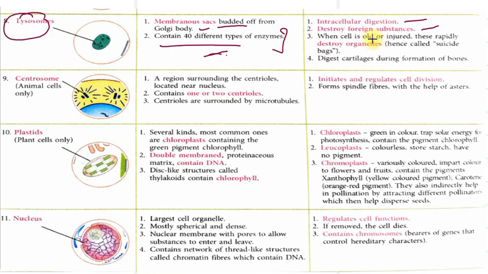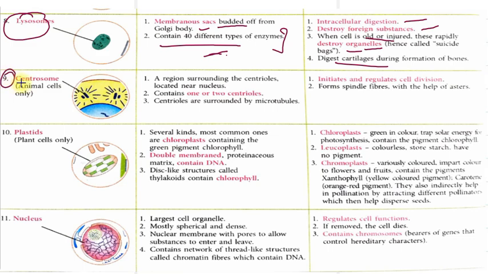When our cell is injured, these rapidly destroy organelles, and hence they are called suicide bags. So they digest cartilages during formation of bones.